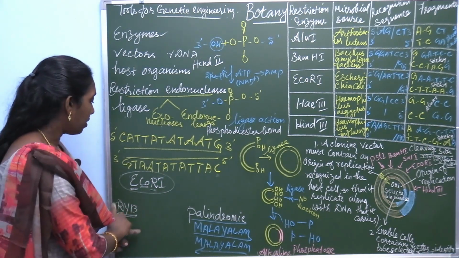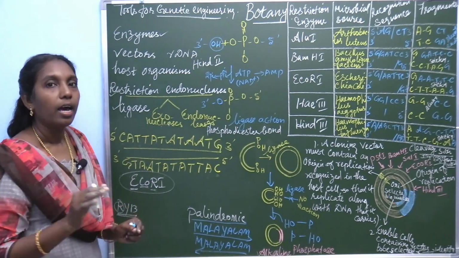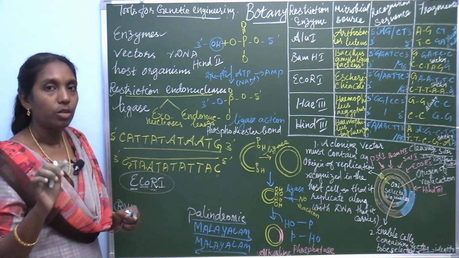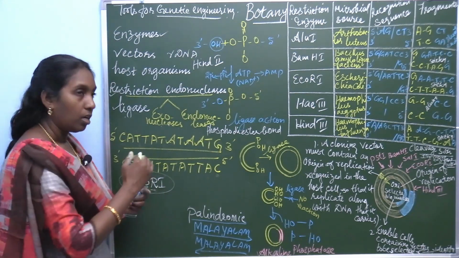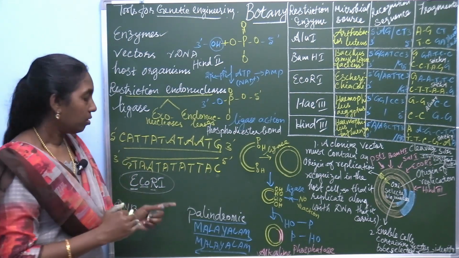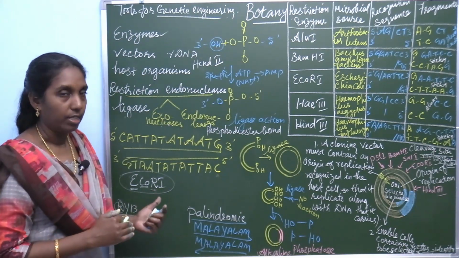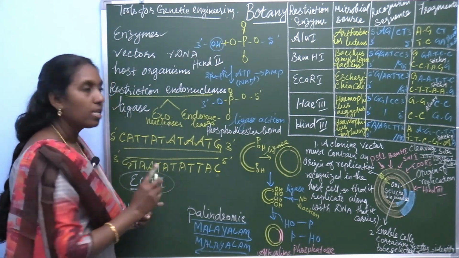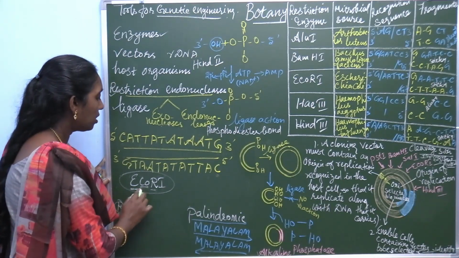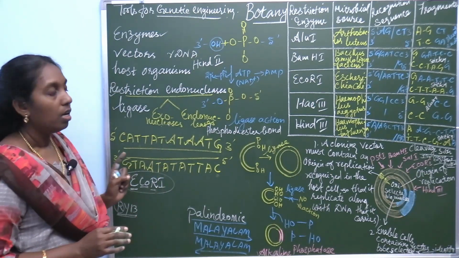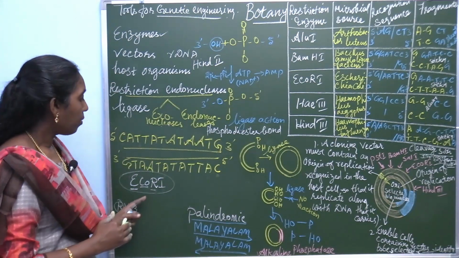Finally it ends with a Roman numeral, I, II, III, based on the order of discovery. This was the first enzyme discovered, so it is named I. The name of this enzyme is EcoRI.